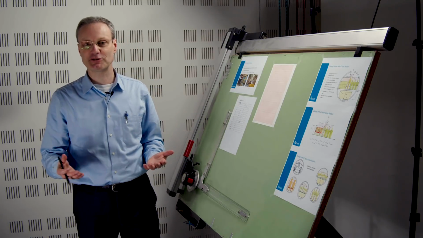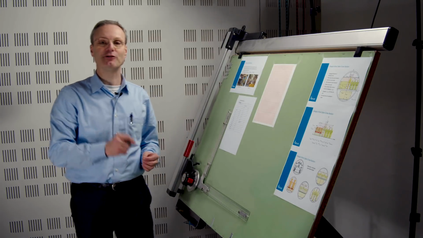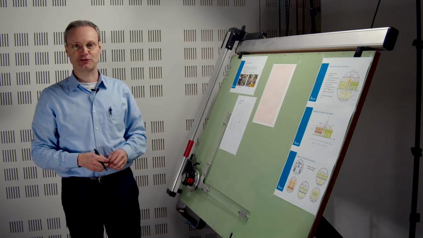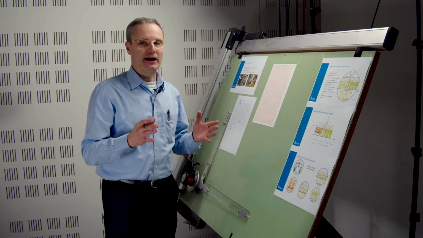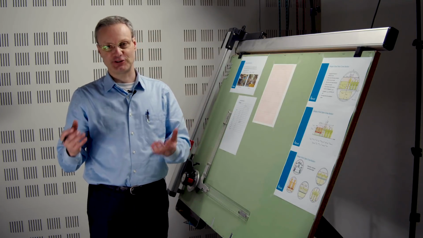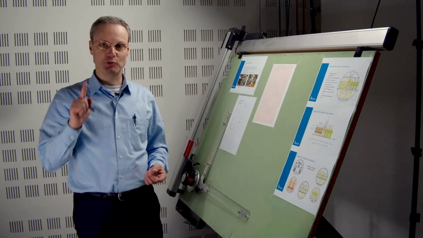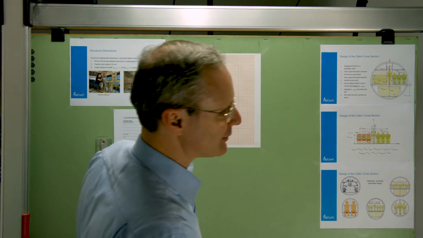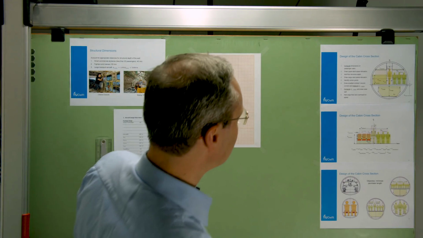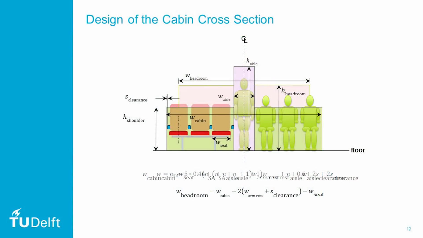Well, we don't put half passengers in a seat, so we round that up to 5 seats abreast. This is an aircraft which has less than 6 seats abreast. That means we have only one aisle. That we'll take into account, but we have 5 seats abreast, times the width of the seat, 0.44 meters.